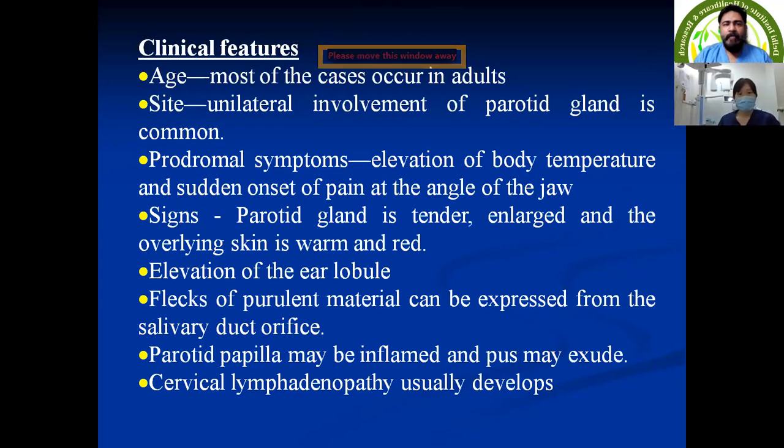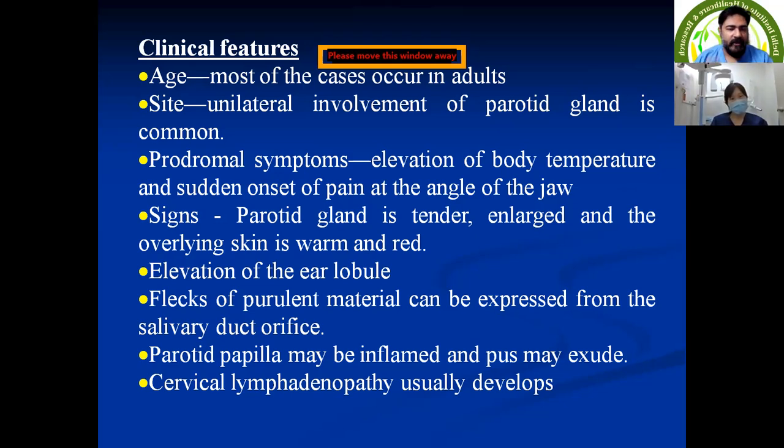Clinical features: mostly occurs in adults. Unilateral involvement of the parotid gland is common. Elevation of body temperature on sudden onset of pain at the angle of jaw. The parotid gland is tender, enlarged, and the overlying skin is warm and red.